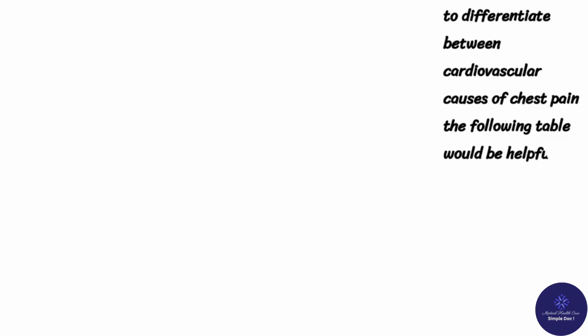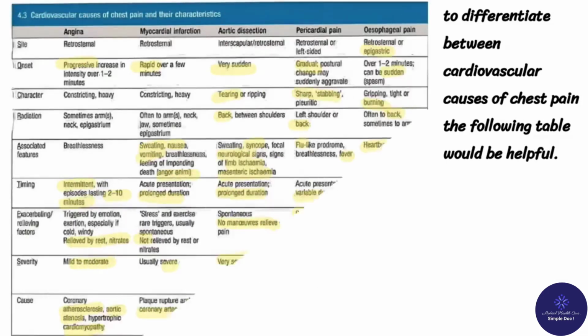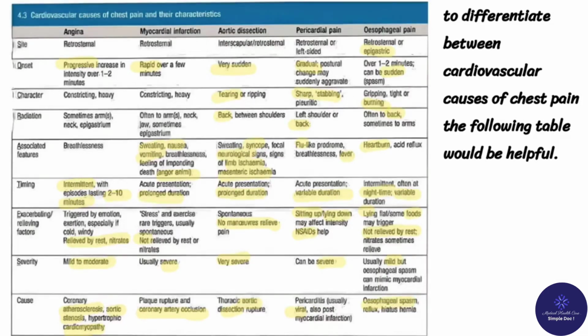To differentiate between cardiovascular causes of chest pain, the following table would be helpful. Esophageal pain can be epigastric, the others are retrosternal. Onset: anginal pain progressive, myocardial infarction rapid, aortic dissection very sudden, pericardial pain gradual, esophageal pain sudden.